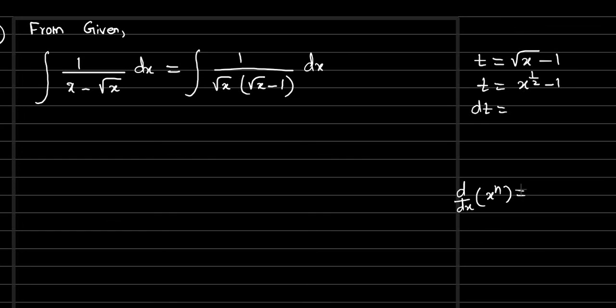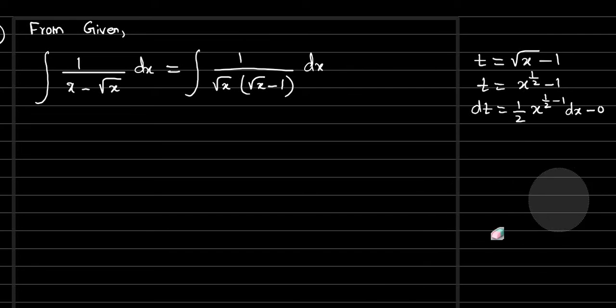The power we have to bring as a coefficient, and in the power we need to reduce 1. It's differentiation, not integration. So the differentiation formula is n x power n minus 1, and x differentiation is dx, and the constant term minus 1 differentiation is 0.